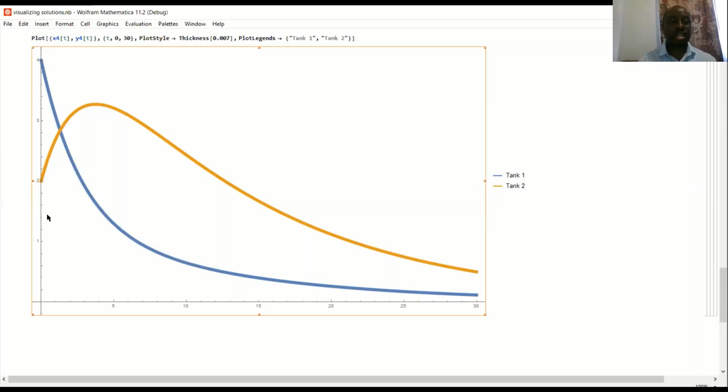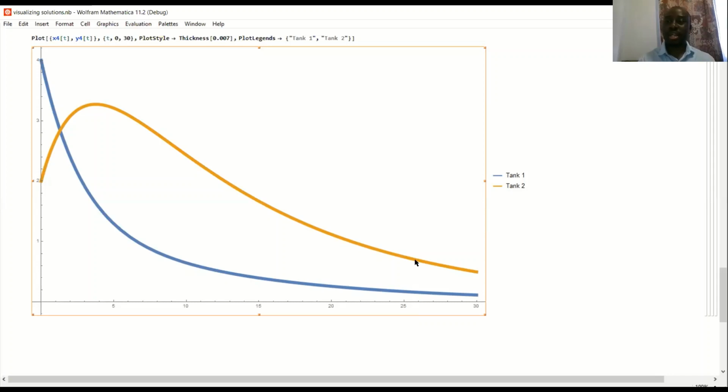What actually happens is that there's an initial increase in the amount of salt in tank 2, which makes sense because tank 1 is initially at 4 pounds, which is much higher than the amount of salt in tank 2. So it makes sense that tank 2 will increase up to a point until the dilution in tank 1 becomes significant enough to begin to pull down the concentration in tank 2, right?